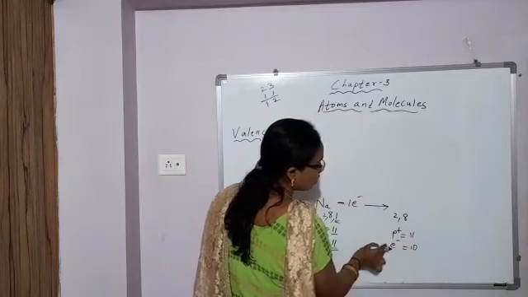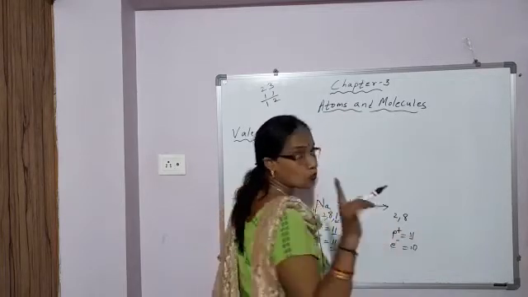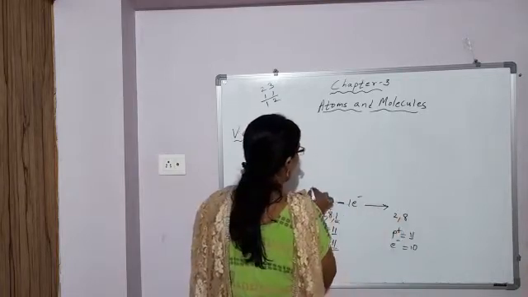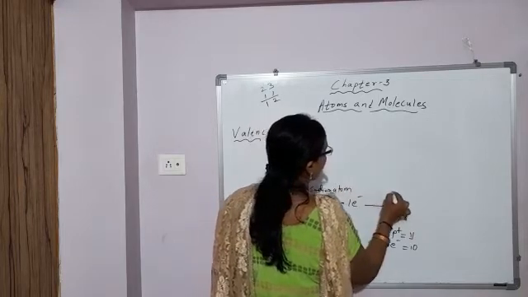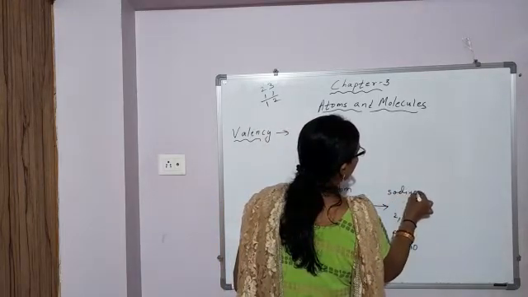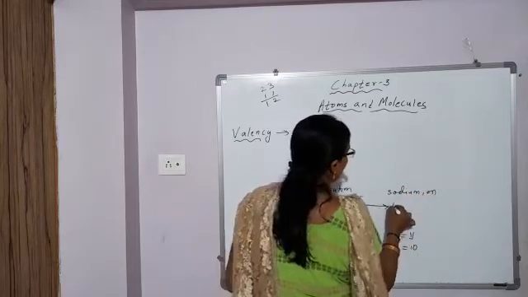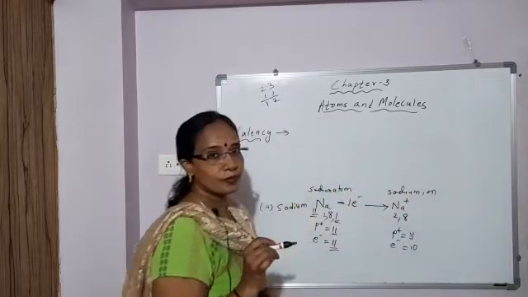Now which particle is more, positively charged or negatively charged? Positively charged particle is 1 more than negatively charged particle. So this sodium atom will change to sodium ion. And which ion, positive or negative ion? Positive ion, Na plus, because it is losing 1 electron.